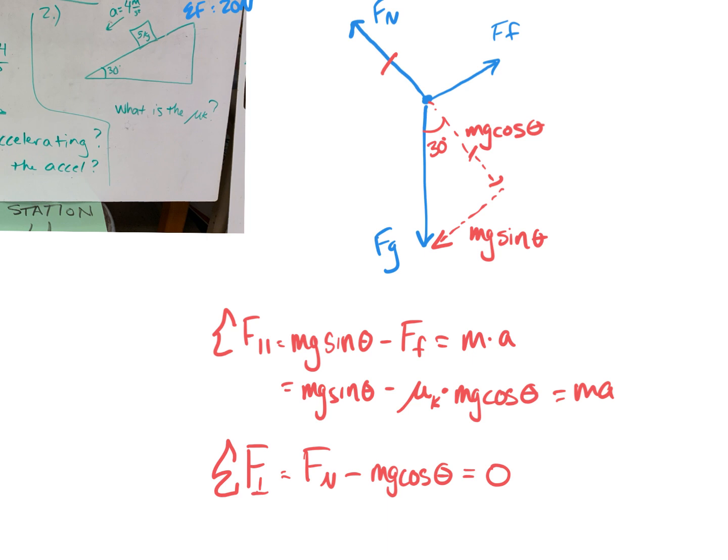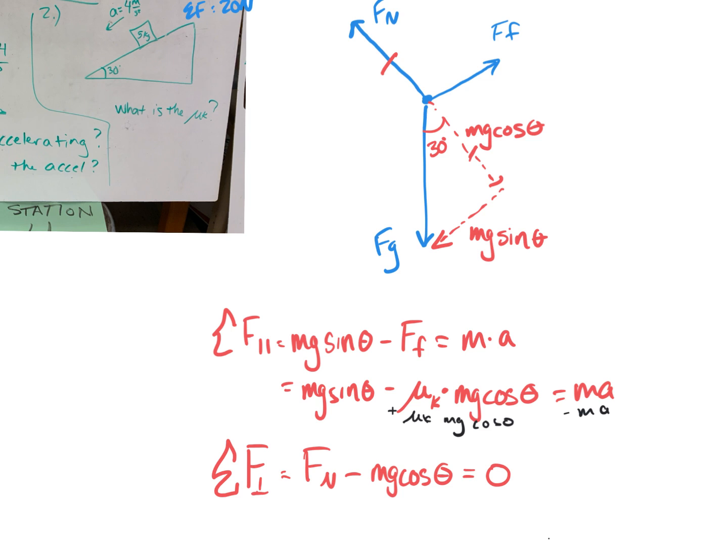So now it just becomes a matter of plug and chug. Algebraically, let's say I add this to the other side, and then subtract ma from both sides. Kind of do two steps in one here.